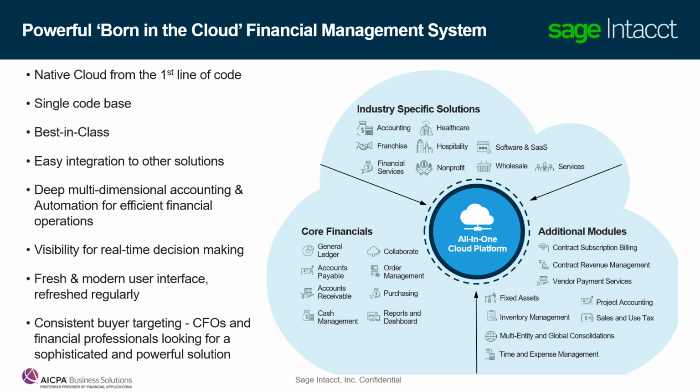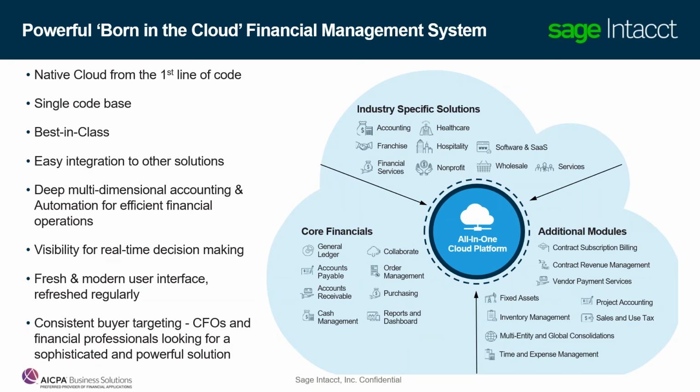As I mentioned, our model is different. It's best in class, as opposed to other solutions you may have used or evaluated, which are what's known as a suite. The difference there is that best in class means that you get to choose what's best for every area of your organization or business. Our core competency is financial management.